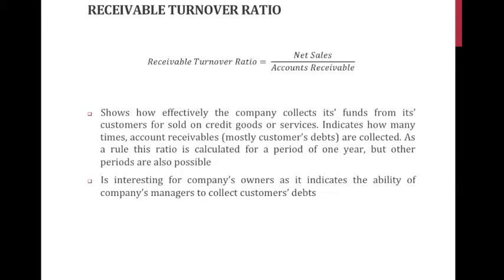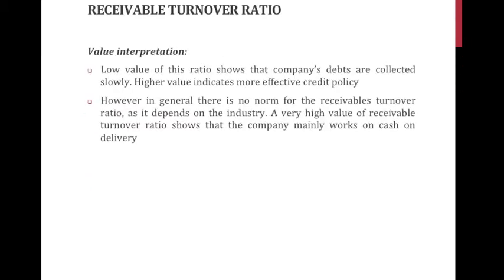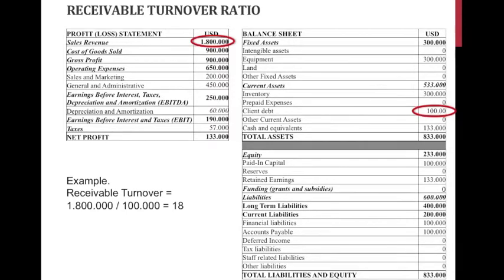So from this way of calculation we can also get the average number of days or months it takes to collect or pay invoices. In our example, if we take our sales revenue of 1.8 million and our client debt of 100,000, and divide these numbers, we get a receivable turnover of 18. So really a very good value.